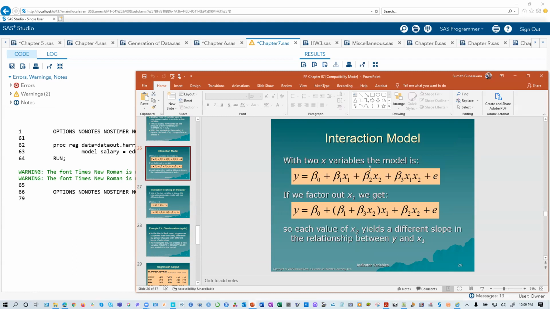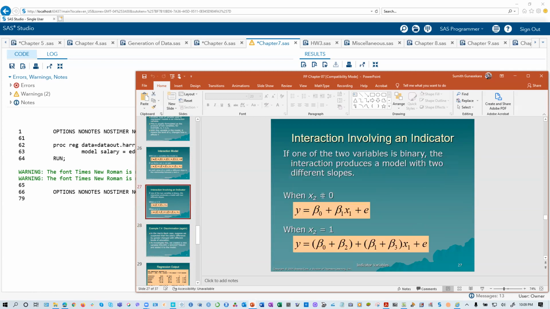Earlier it appeared by itself, but because of the interaction term, it's going to appear here and here. That's the same thing I'm talking about. If you reduce to this one, it's here and here. If you reduce further down, you get this and this. This is for the males, this is for the females. How are you going to check the interaction term?